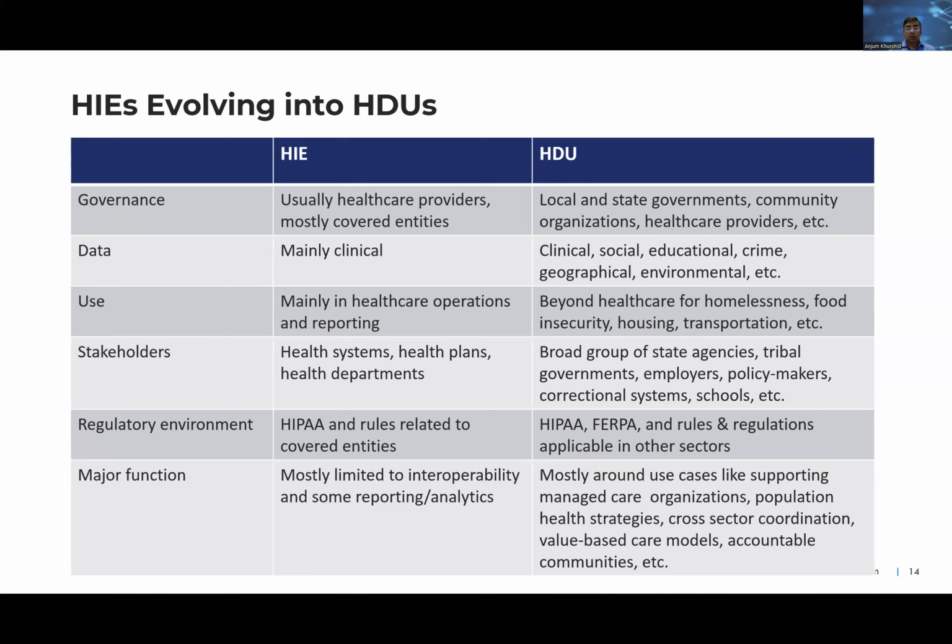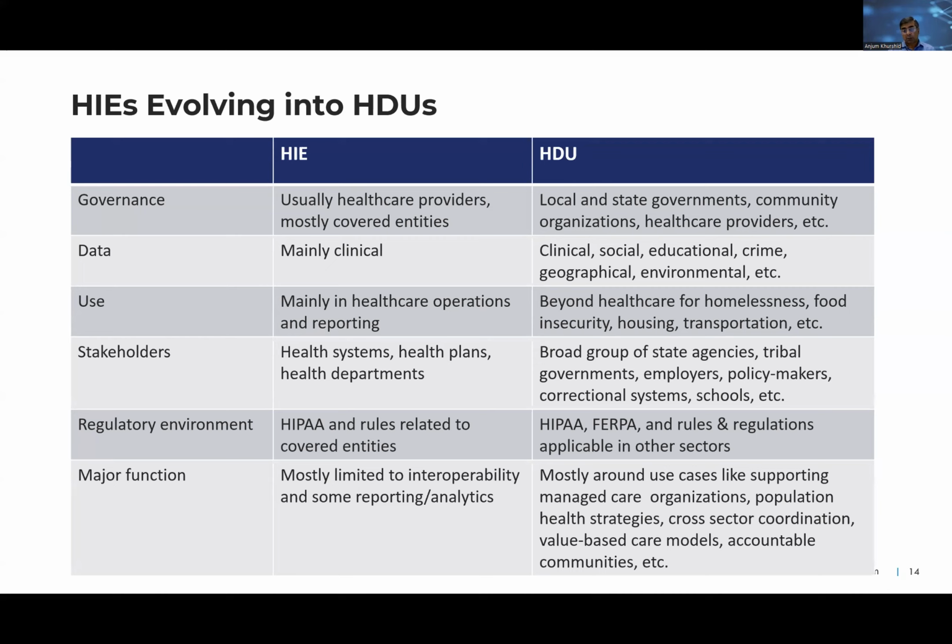Because that requires not only coordinating care in medical settings, but also getting social services, education, housing, nutrition, and environmental data, and partnering with these agencies across the spectrum that reach the same person and the same family in different sectors.